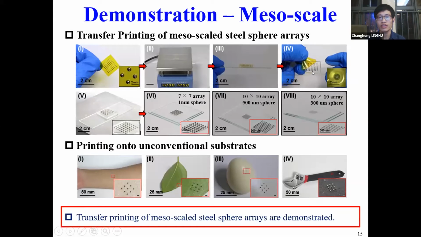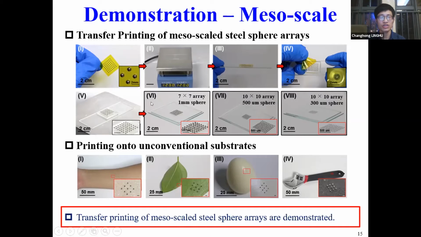The embedding can not only provide a large grip force for reliable gripping, it can also constrain the objects from unwanted lateral movement to keep the predefined arrangement. That's really important in transfer printing, especially when high alignment accuracy is required.